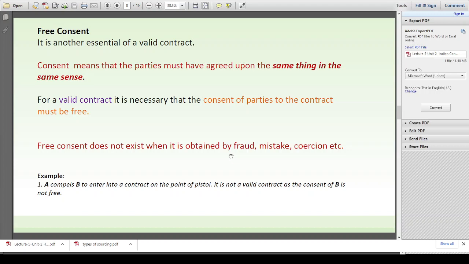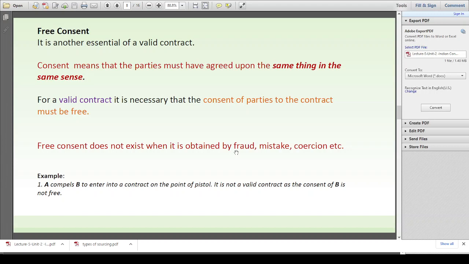So for a valid contract, it is necessary that the consent of the parties to the contract must be free. Free consent does not exist when it is obtained by fraud, mistake, coercion, etc. So free consent involves two major aspects: both the offerer as well as the offeree must understand the subject matter in the same sense, and also the consent to a particular contract should be free from mistake, coercion, fraud, etc. That means we have to enter voluntarily into a particular contract, right?